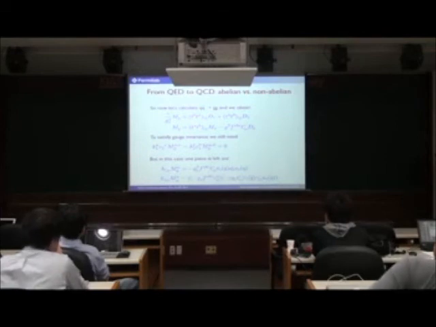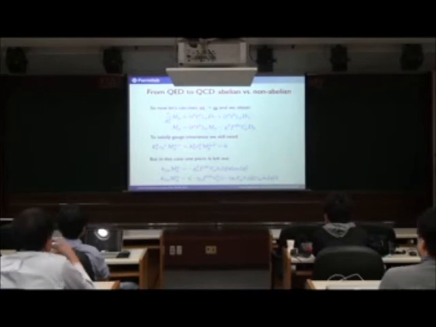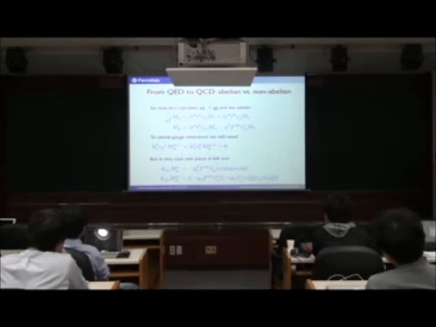So to satisfy our gauge invariance, we still need this to be 0, but in fact we know that the gamma matrix element is 0, so we'll have this extra piece, which is left out. So this can be written like this, and if we just change the order of things a little bit, it looks just like this. So this is the quark anti-quark gluon vertex, and this looks very much like something new.